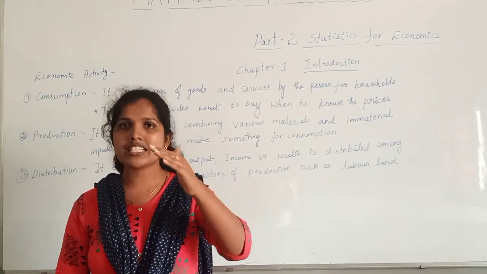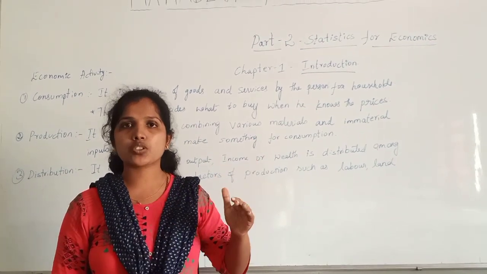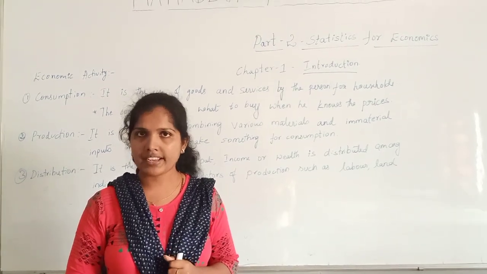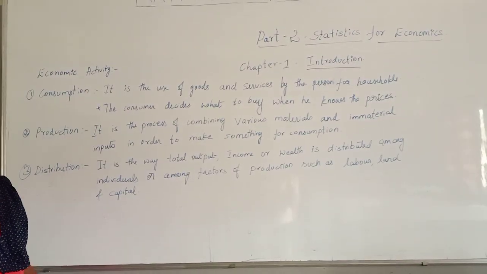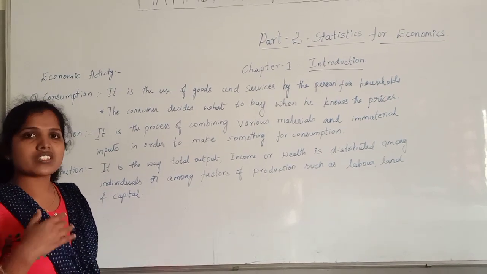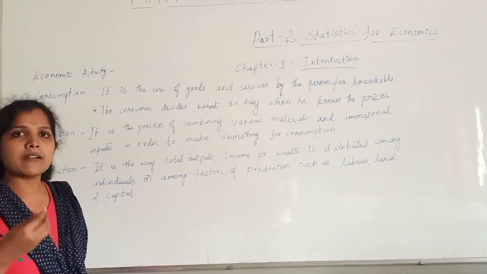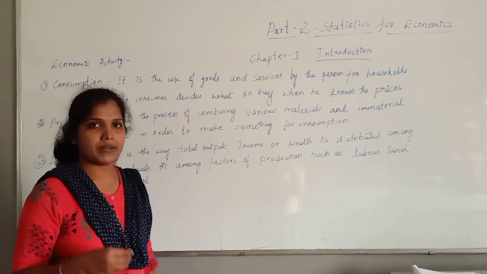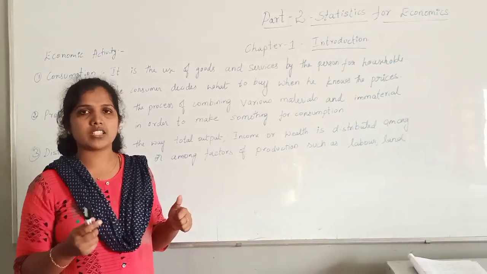So the study of human beings in relation to their daily activity is known as economics, and those activities are called economic activity. And I told you economic activity is an activity which is done for monetary gain, meaning to get money or some profit. Monetary benefit is nothing but what is represented in terms of money.